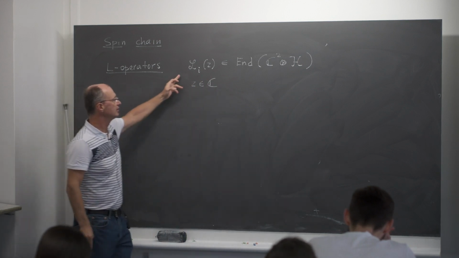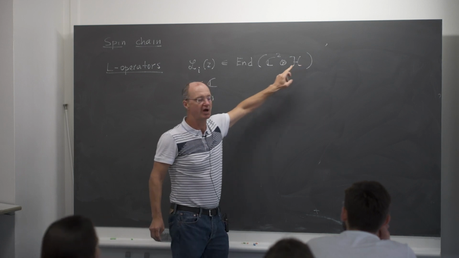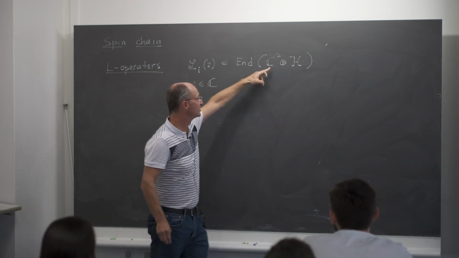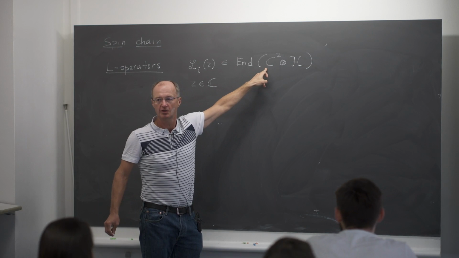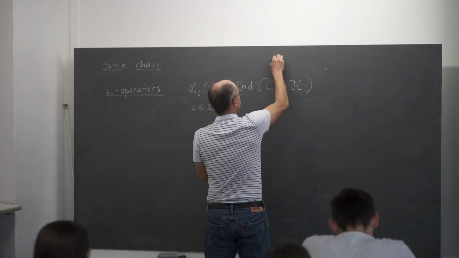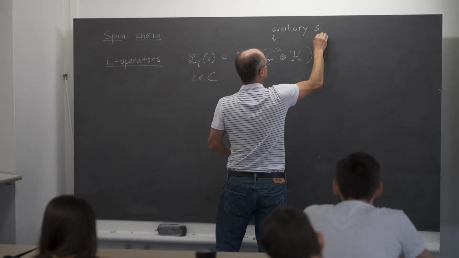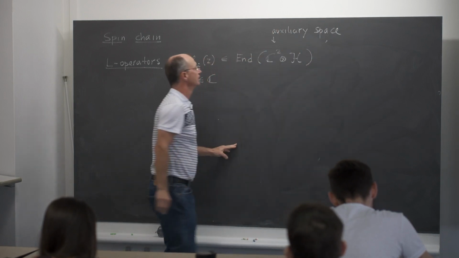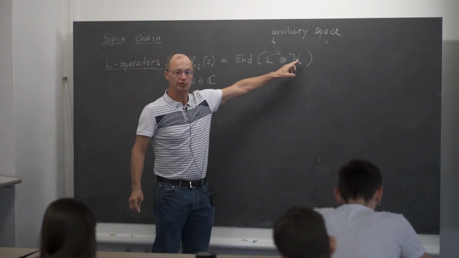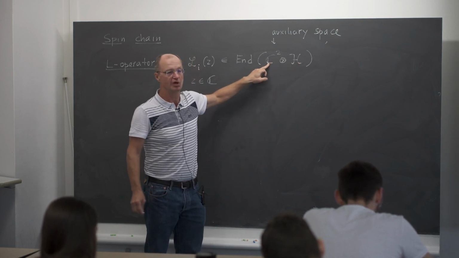And crucially, they are not operators acting on H. They are operators acting on H tensor one more copy of C2, which is called an auxiliary space. Recall that in H we already have n copies of C2, but now we add one more.